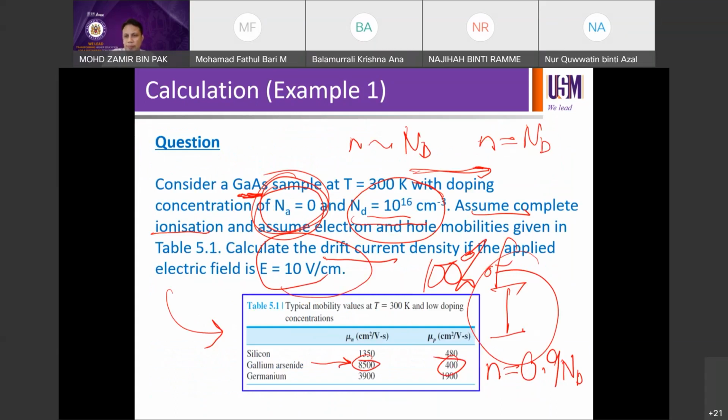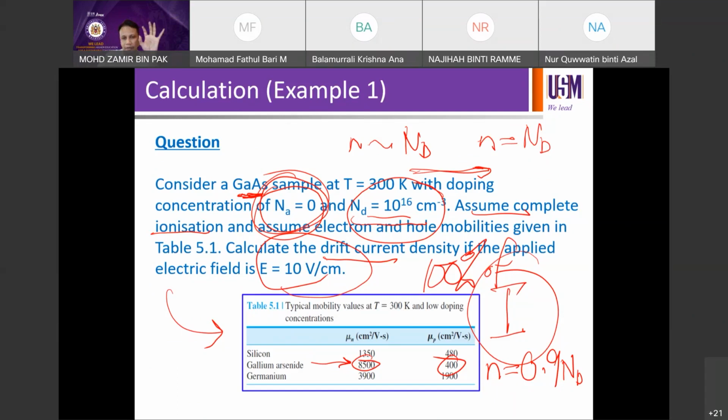But if your P is not negligible, if your P is not 10 to the minus 4, say if your P is bigger, 10 to the 5, 10 to the 6 perhaps, then the contribution of the holes to the drift current density is going to be quite significant. In that case, you need to calculate your J drift associated with the holes as well.